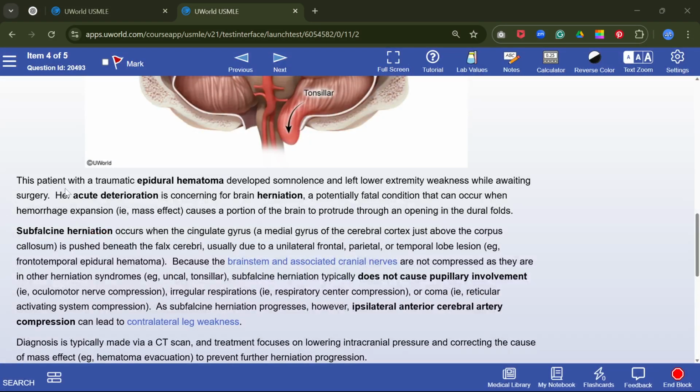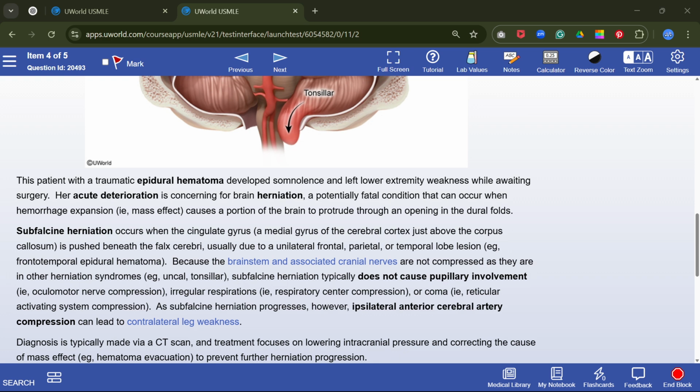The patient with traumatic epidural hematoma develops somnolence and left lower extremity weakness while awaiting surgery. Her acute deterioration is concerning for brain herniation, a potentially fatal condition that can occur when hemorrhage expansion and mass effect cause a portion of the brain to protrude through an opening in the dural fold.